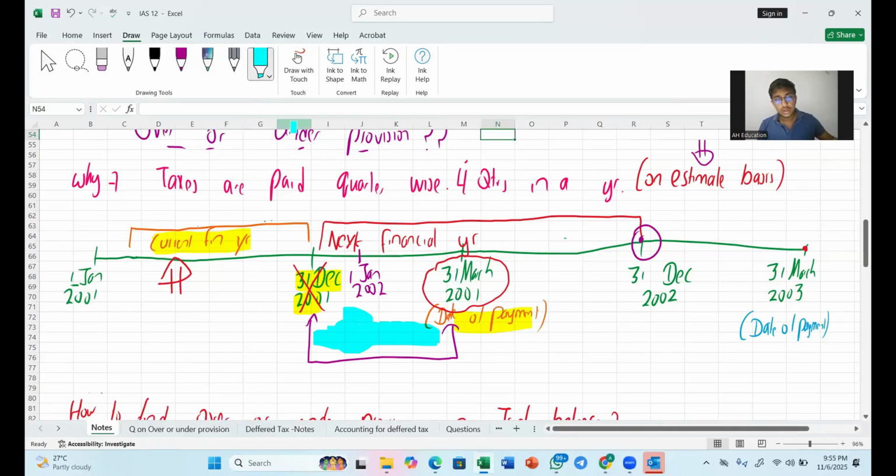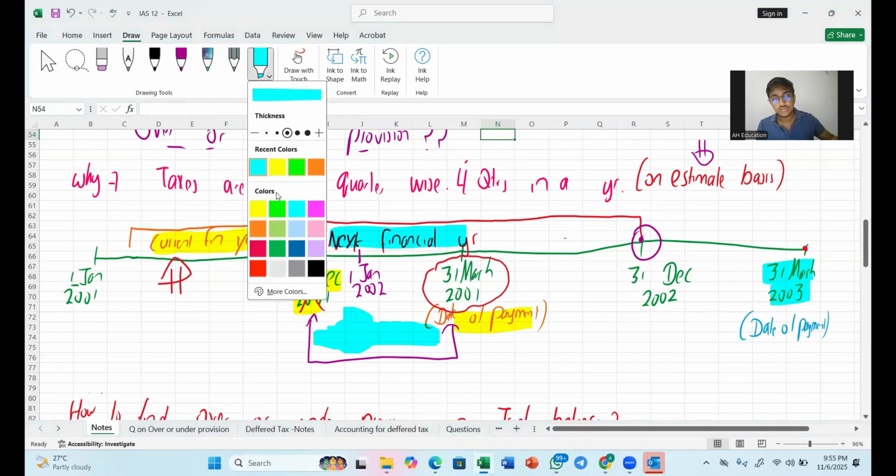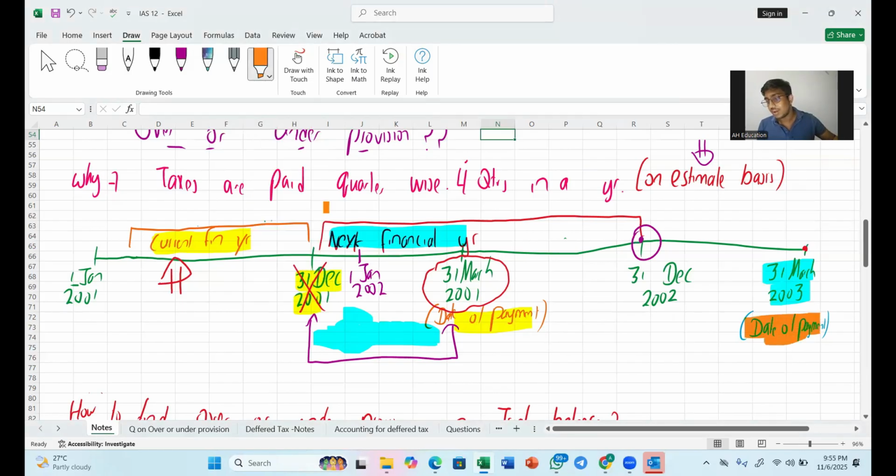Even though this is your current financial year, this income tax expense and the payment relevant to it will only be paid on 31st March 2003, which falls under your next financial year. You need to be able to determine this. This is only step number one, the basic foundation of IAS 12: identifying when we will be paying taxes.